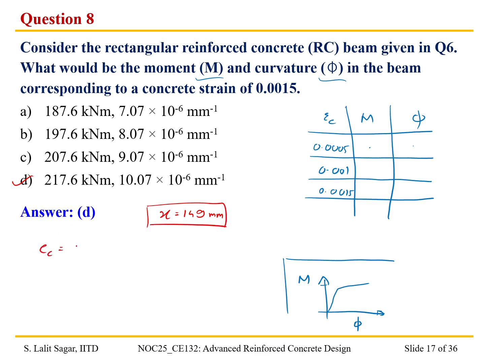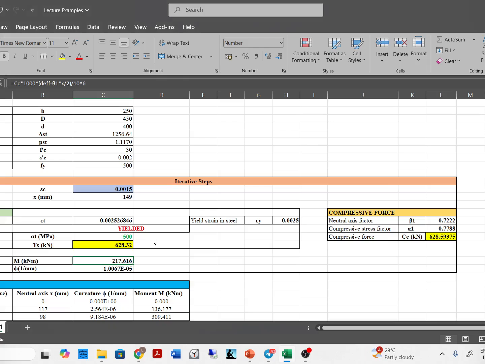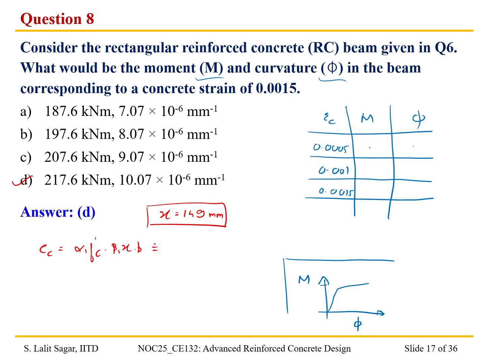And Cc is equal to alpha 1 f prime c into beta 1 into x into b, which gives us a value of Cc as 628.6 kilonewton.